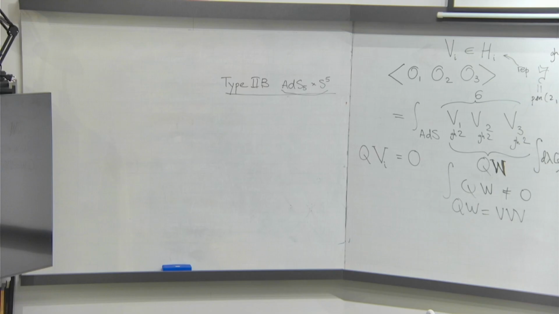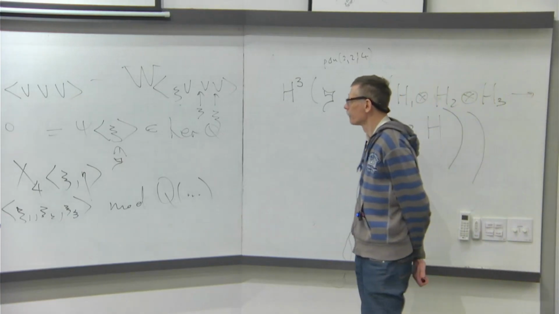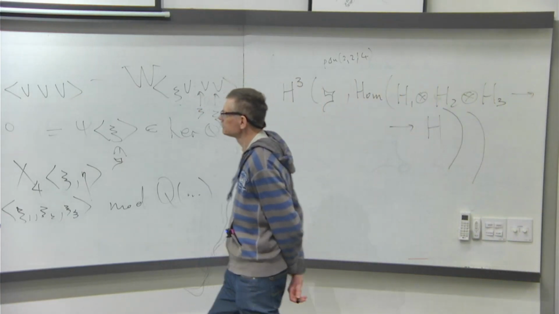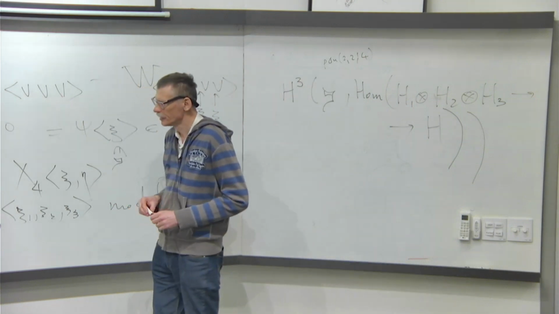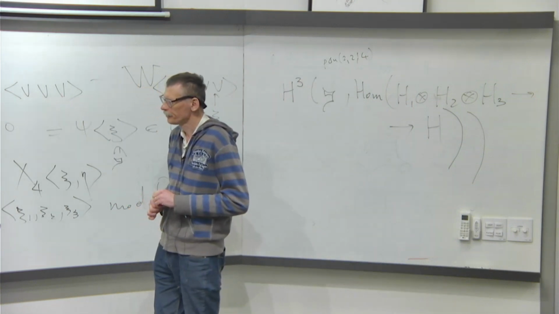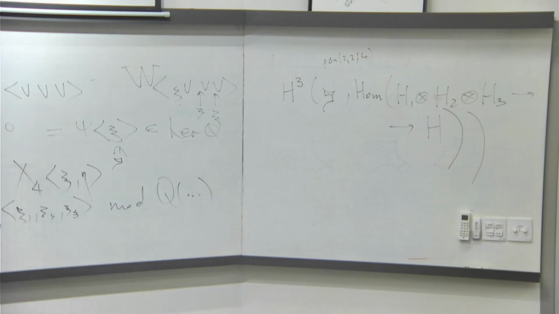Yeah, so the claim is that I can start with the product of three vertex operators, and out of the product of three vertex operators, I somehow can cook something for you.